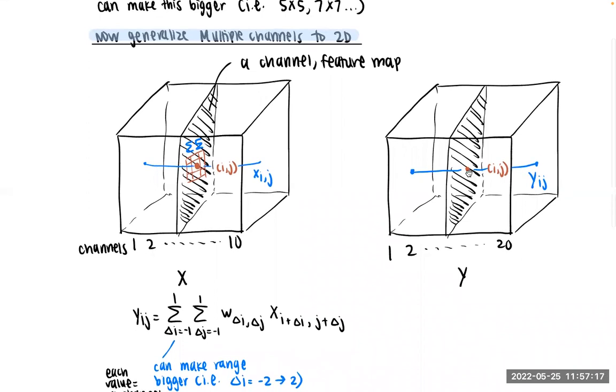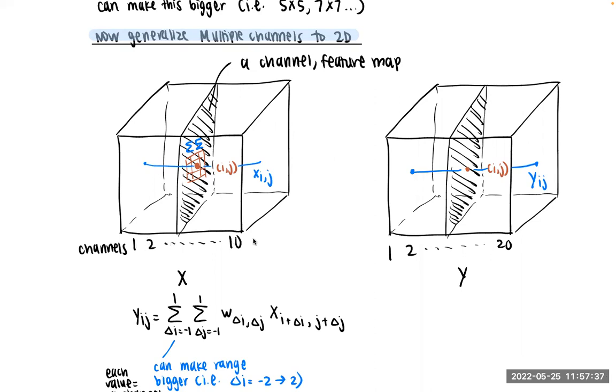So we continue to use ij to denote the position. And this time, just like what we did for the 1D situation, xij now becomes a vector, right? And yij is also a vector.